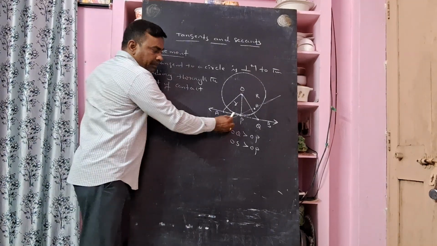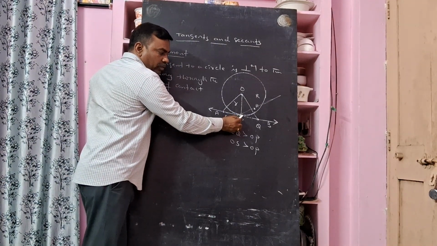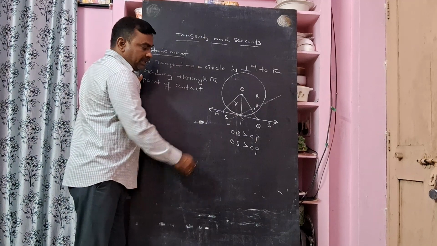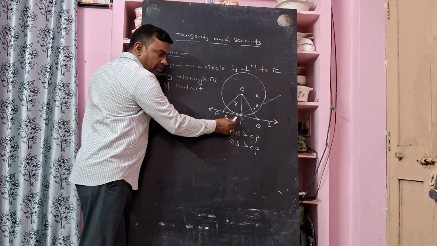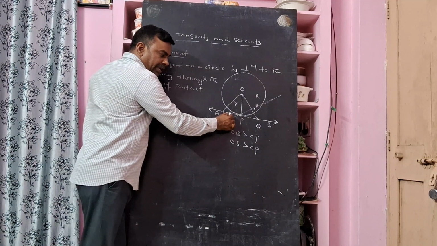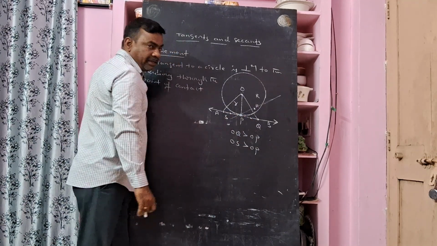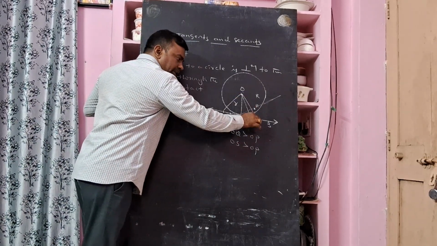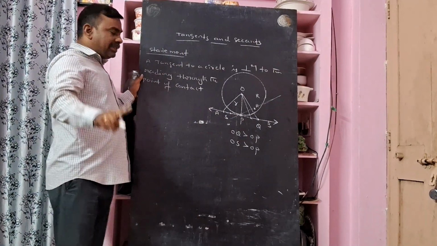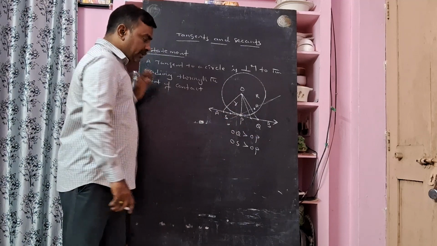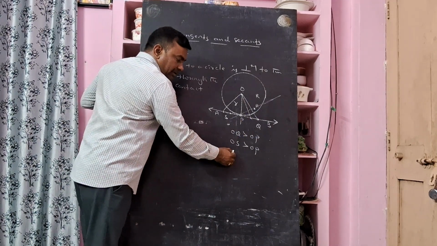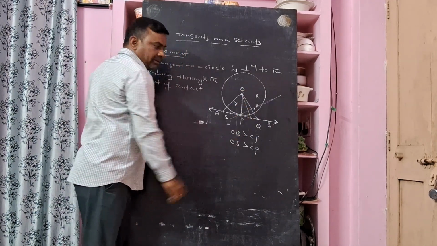Since P is the only common point of the tangent and the circle, S is outside the circle. If you take any point on AB other than P, the distance from the center to that point is always greater than OP. Yes or no? Yes, ma'am. That means OP is the shortest length.